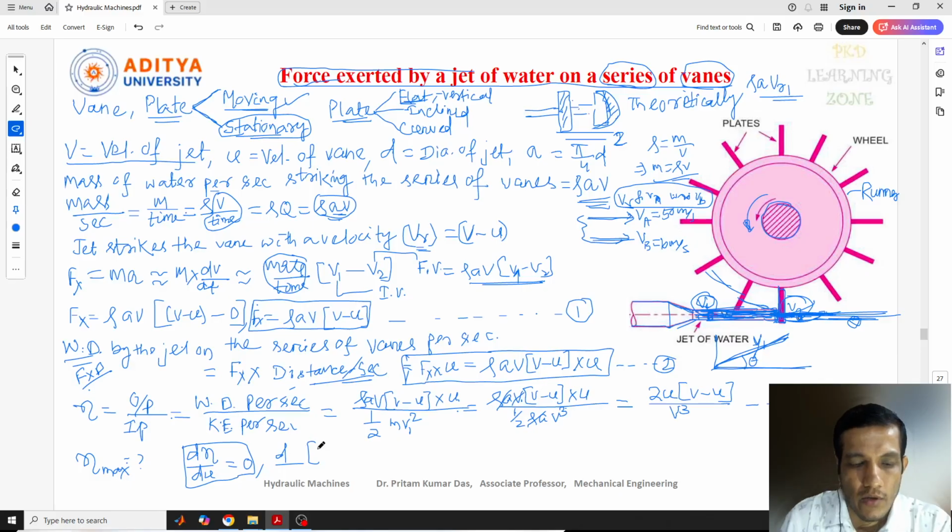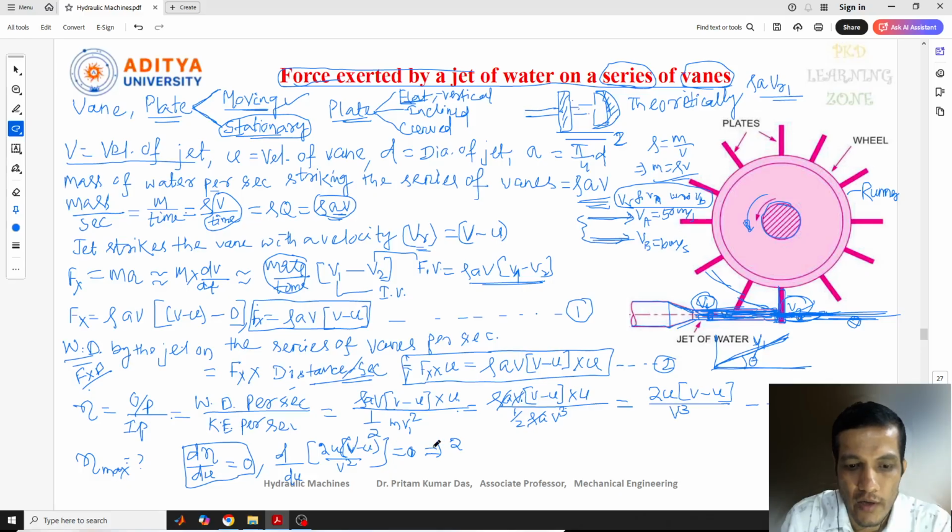Now we can write d by du of 2u (v minus u) divided by v square, equal to 0. Taking the derivative of the numerator: 2 into 2uv, this is v actually, and this is u.